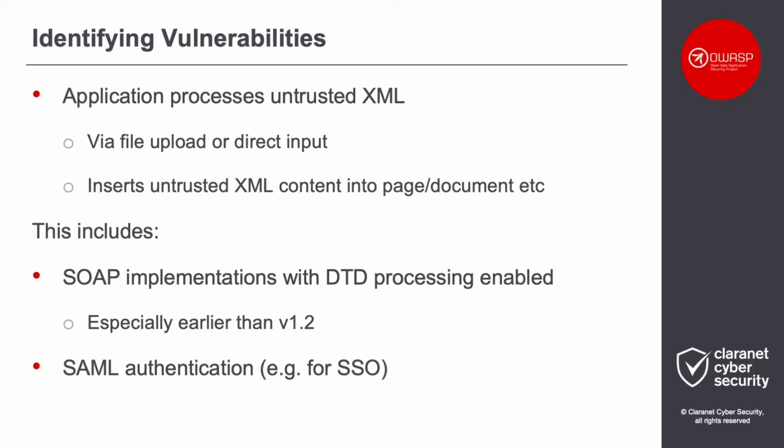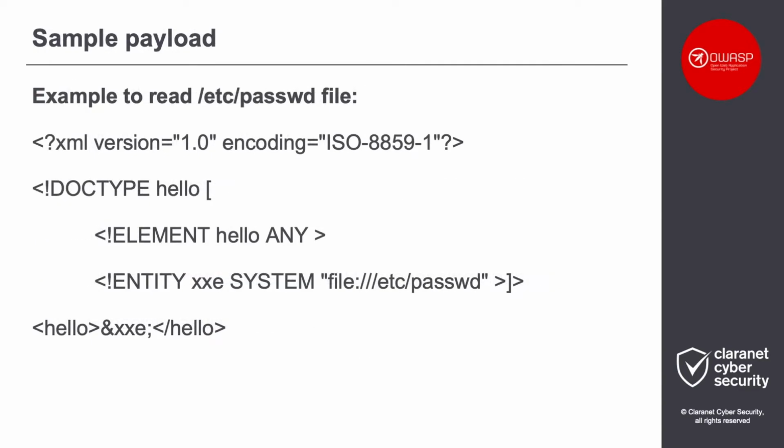That's a good entry point. Or potentially they could also insert untrusted XML content into a page, documents, etc. And then a server-side component will then parse this XML content. This can include SOAP implementations, so with DTD processing enabled, especially earlier than version 1.2, as well as SAML authentication, which is used, as we know, for example, for single sign-on processes.